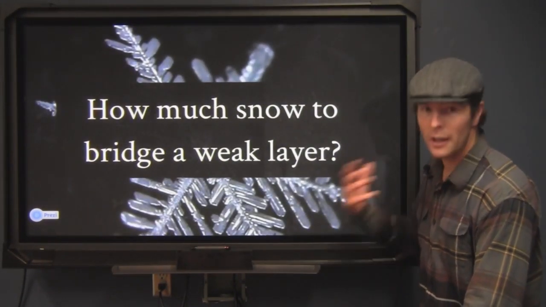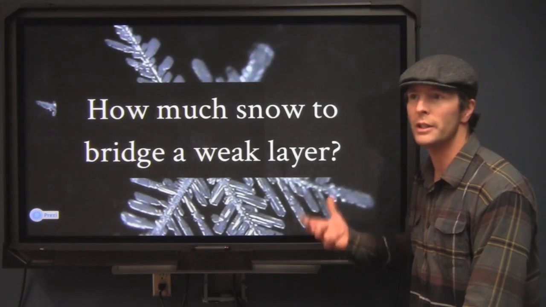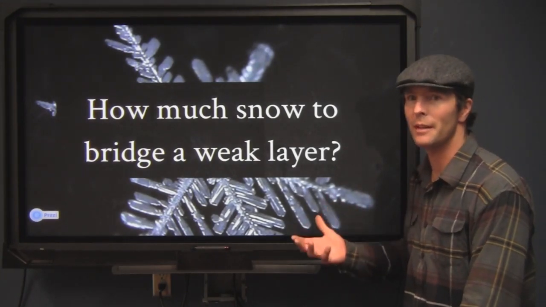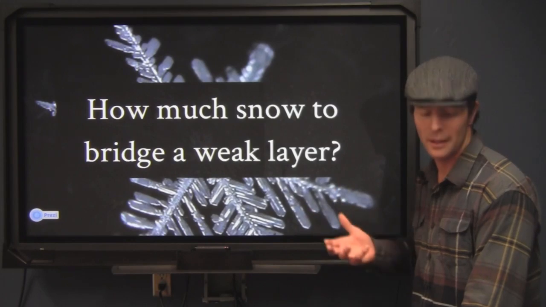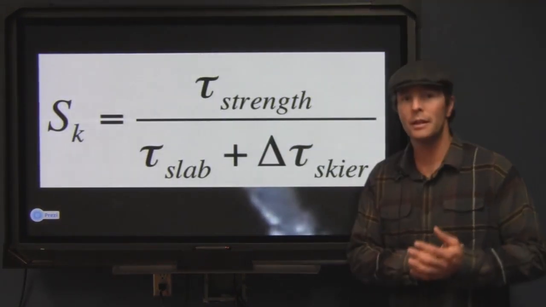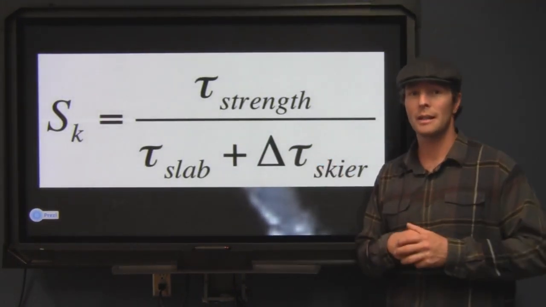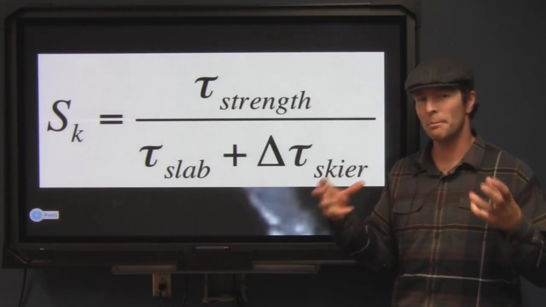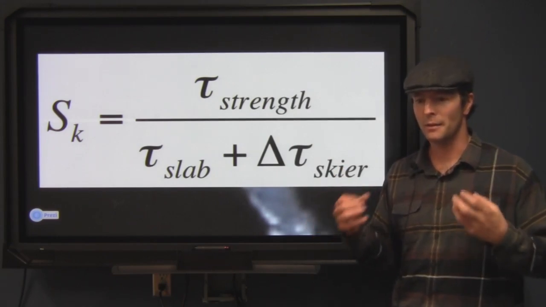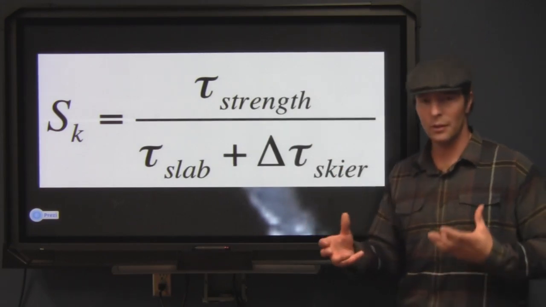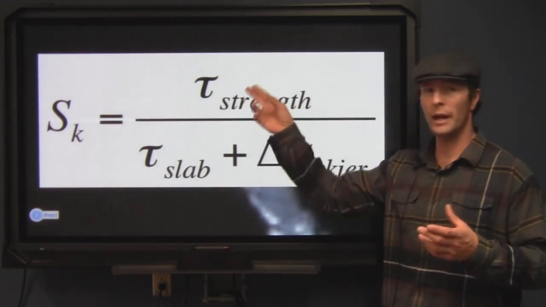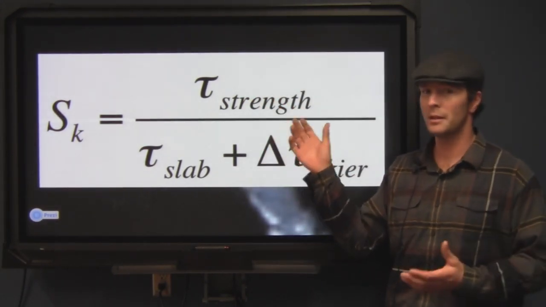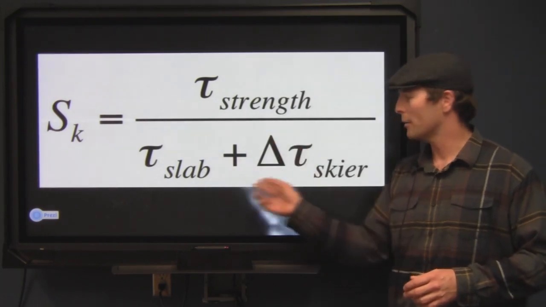When we're talking about bridging a weak layer, we're talking about safety. So how much snow do we need to make the slope stable in relation to skiing? We're going to use the skier stability index as a proxy, a super simplified idea of slope stability. For anyone not familiar with it, the top is the strength of anything, in this case snow, and the bottom is stress.